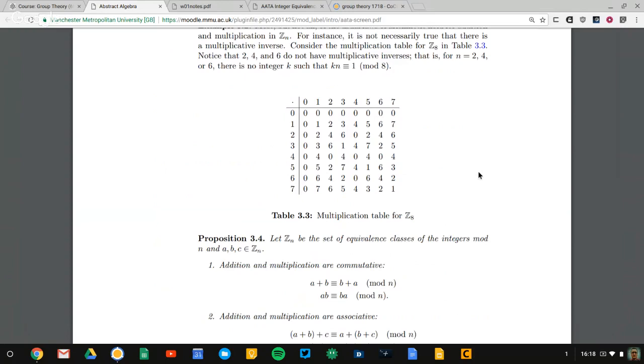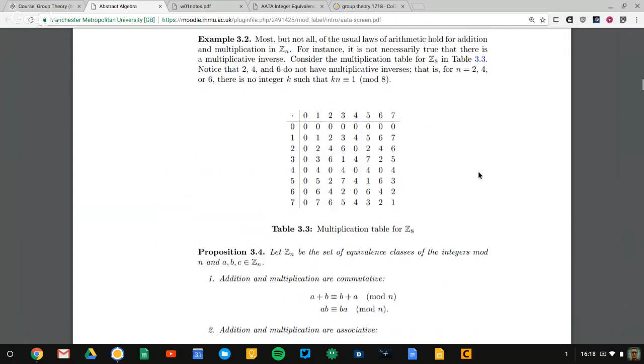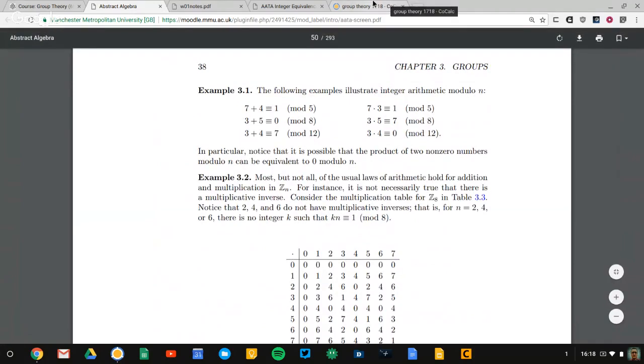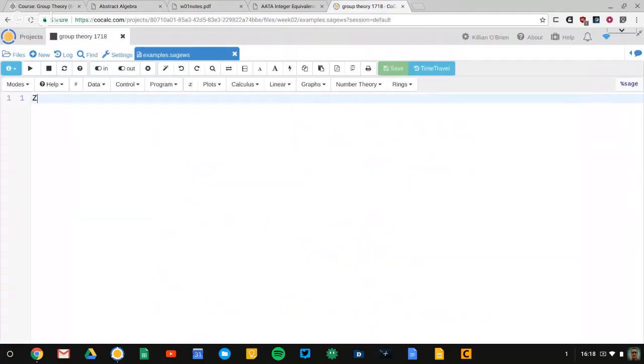For example, here is the multiplication type. Let's take Z8. We can explore these quickly with the help of Sage. Sage has a command called IntegerModRing, which will come up now. I just pressed tab, so it should load the completions.